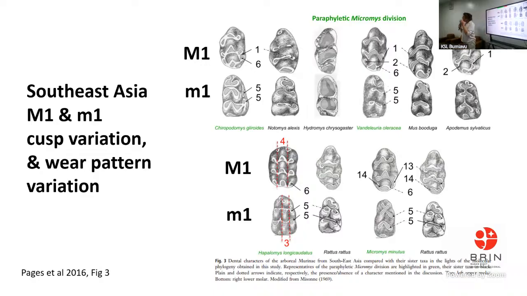So for measuring and knowing about wear stage, it will differ for each configuration of molars. If you have a very worn rat tooth or mouse tooth, it's very hard. You need to know what it looked like when it was juvenile to be really sure.